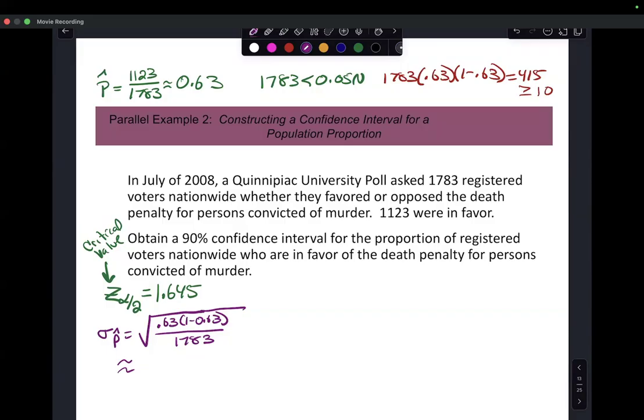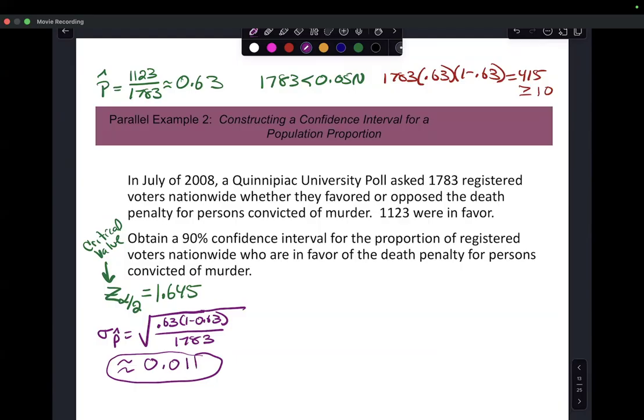If you are not careful with your parentheses, then do it a piece at a time. Approximately 0.011. I don't like that. I'm going to try it again. It looks like it's right. I'm dividing by a very large number, so that would make sense. So this right here is my standard deviation. Sample size makes that number a lot smaller. Yeah, that's correct. So that's my standard deviation.